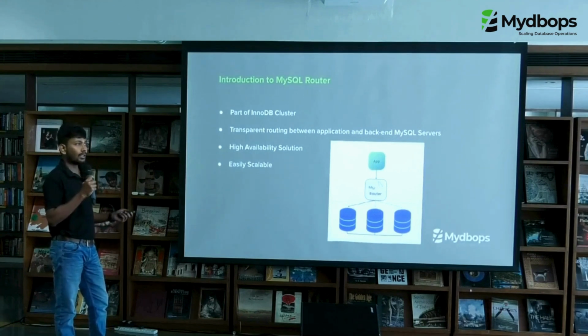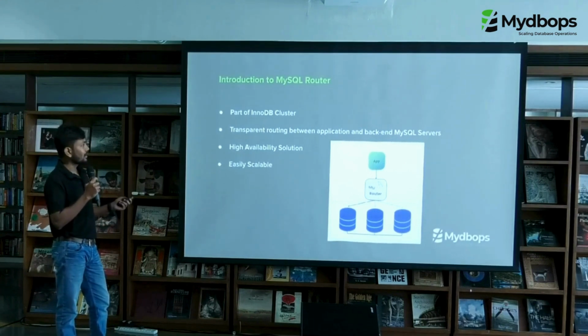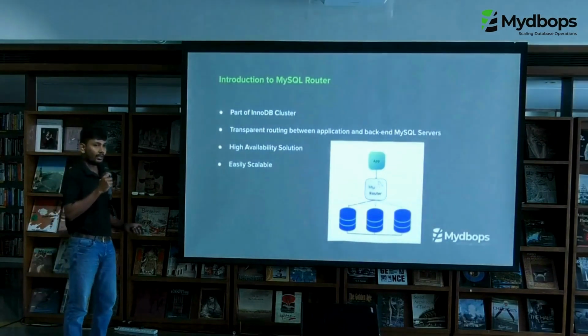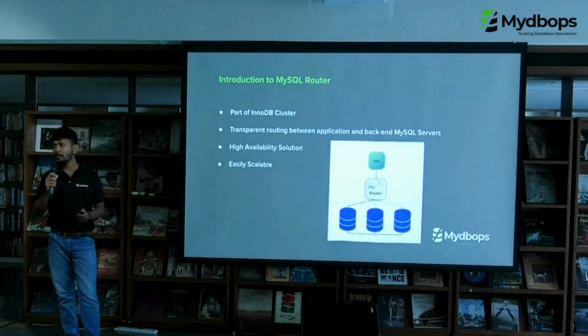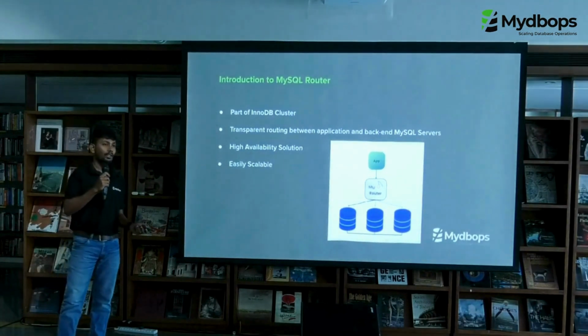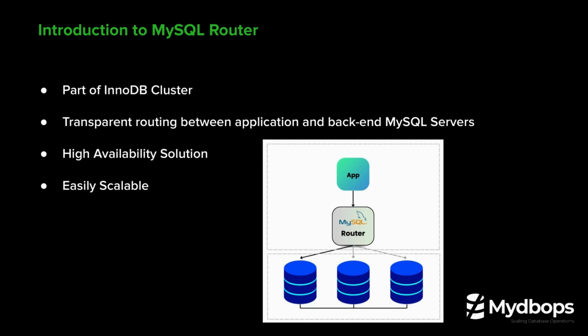InnoDB Cluster is a high-availability solution for MySQL, and basically it should have a 3-node MySQL server setup. The MySQL Router is kept on top of the InnoDB Cluster, and it does transparent routing between the application and the DB servers. Whenever any node, secondary or primary, goes down, it automatically takes the data from the view of the InnoDB Cluster to the MySQL Router. That's how it provides a high-availability solution.